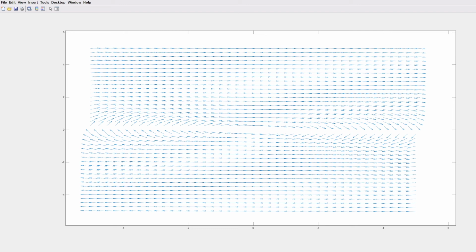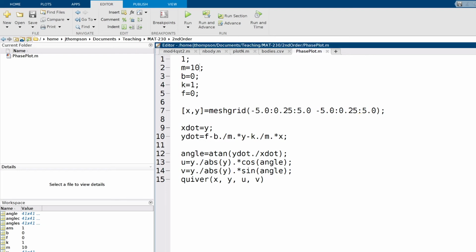All right, well, let's do another change here and see what we can get from this function. All right, where did my MATLAB go? There we go. So let's come here and do another change for this. So let's give it a large spring force and a low mass.